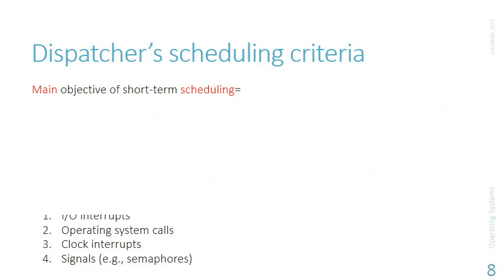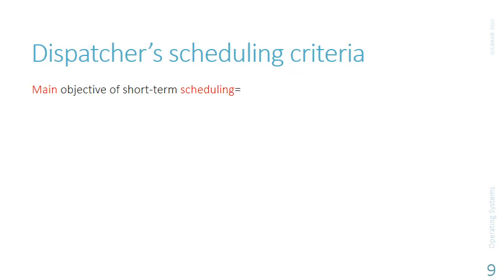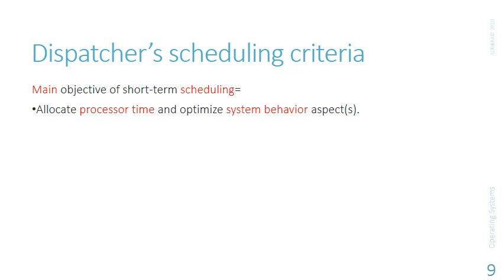All right. So what is the main objective of short-term scheduling, or the dispatcher? I'll have a bunch of system behaviors, a checklist of things that I need to respect to try to optimize, and I'm going to try to order my ready processes in a way that maximizes or minimizes the things that I want.